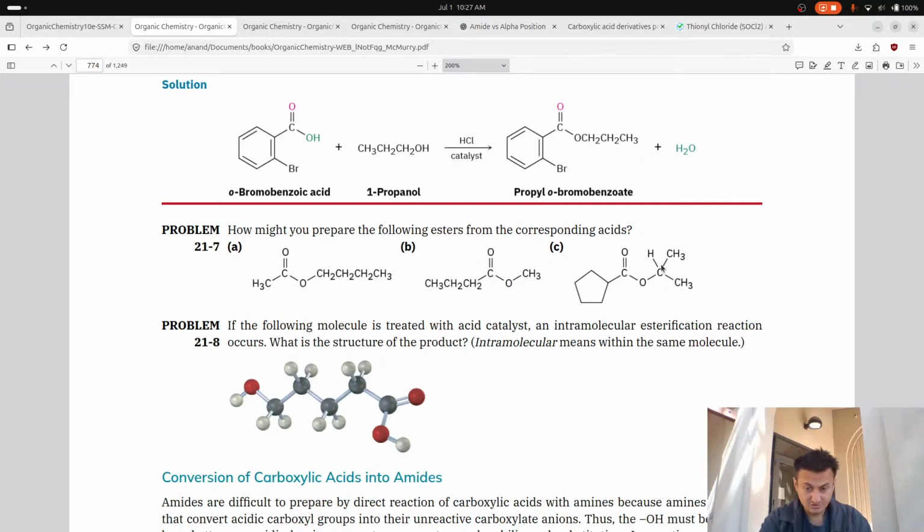The following molecule is treated with acid catalyst, and an intramolecular esterification product occurs. Ooh, wait, I actually want to draw this one out. This one seems sick. So if we go here. Oh wait, this is OH.